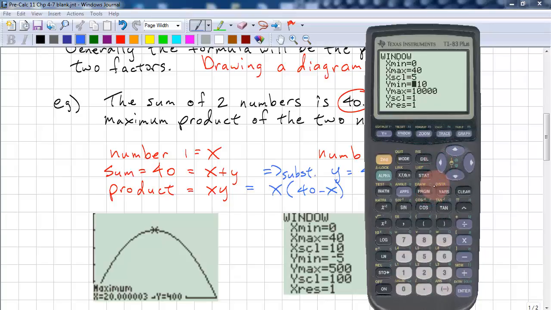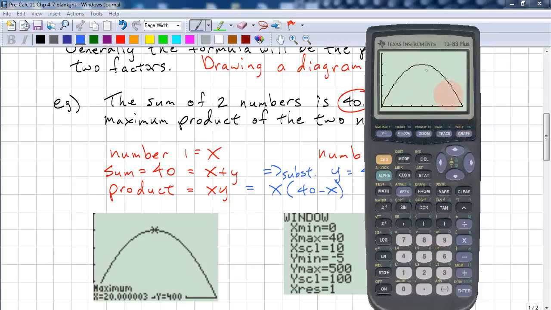Our y-min, well, the product and the sum aren't going to be negative, so we'll just set negative 5. And we don't know what the maximum is going to be, so we just test the value. 500 and 100. Again, you can adjust these if things don't turn out. And we graph. Okay, so it does turn out.